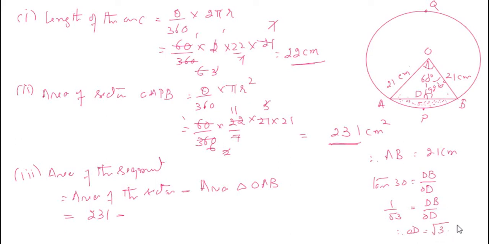DB is 21 divided by 2, half of chord AB. So perpendicular distance OD equal to 21 root 3 by 2. So now area of this triangle is half into base is 21 into height is 21 into root 3 divided by 2.